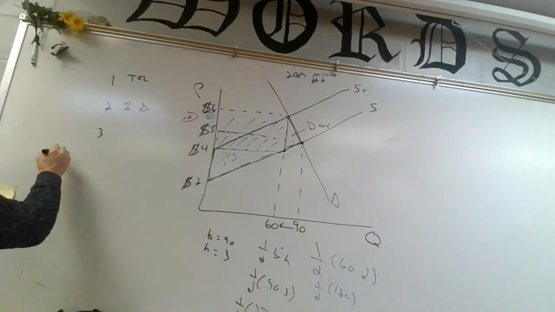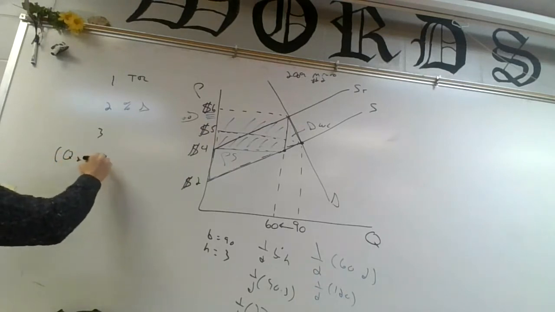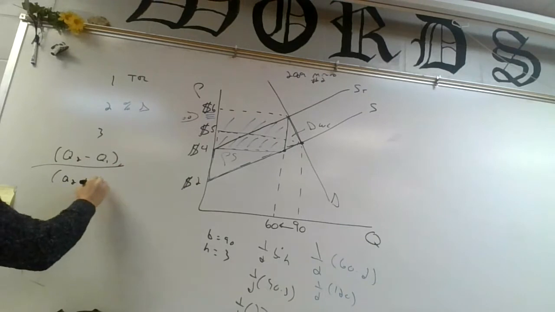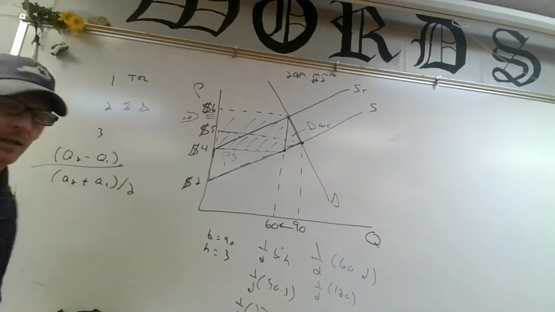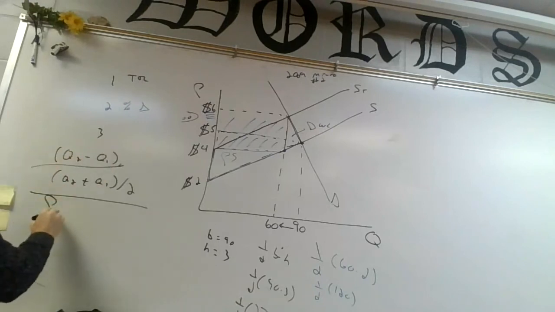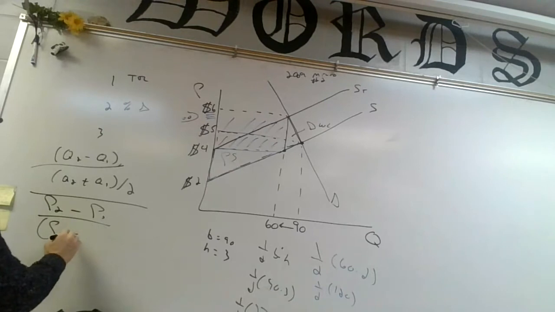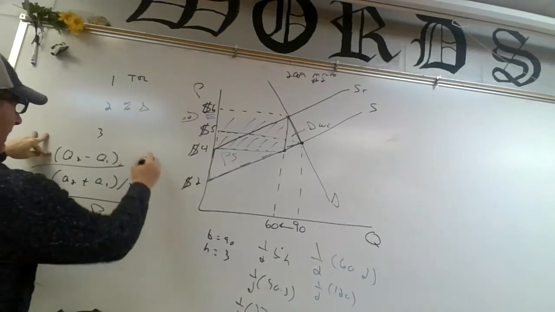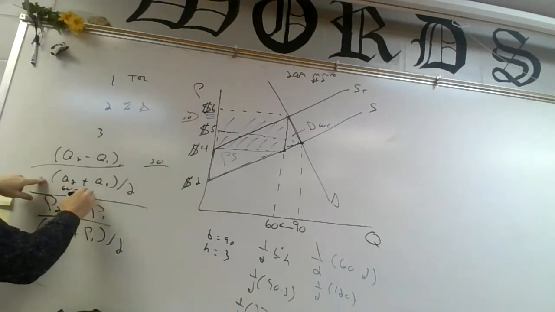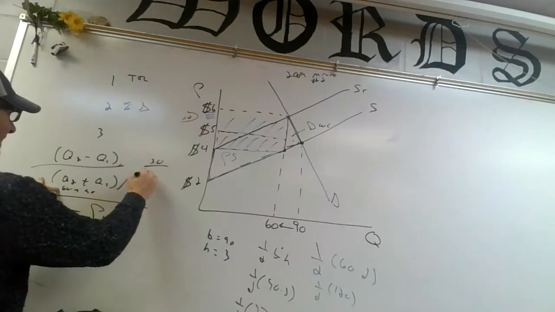Finally, you do the midpoint: Q sub 2 minus Q sub 1 all over Q sub 2 plus Q sub 1 divided by 2, where sub 2 is always the bigger number, then P sub 2 minus P sub 1 all over P sub 2 plus P sub 1 divided by 2. So 90 minus 60 is 30 over 150 divided by 2, which is 75.